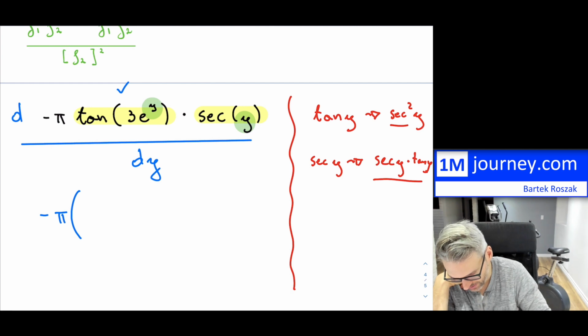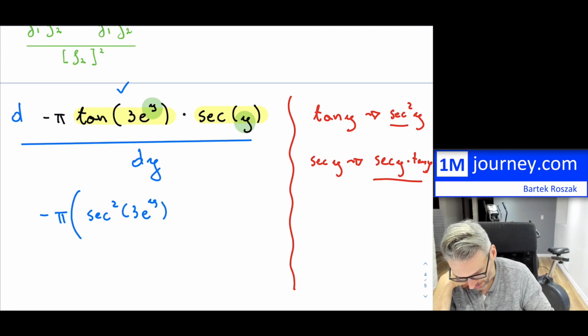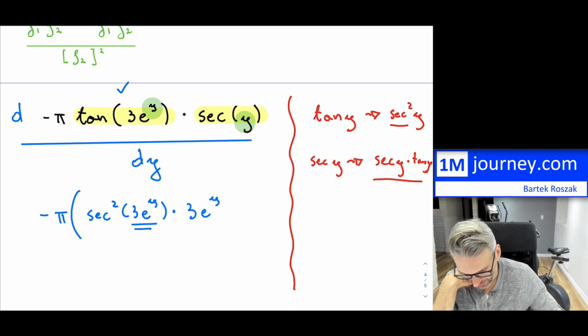So as I said, that's going to be secant squared of 3e to the y. And it will be multiplied by the derivative of that, which is going to be just, I guess, 3 times e^y, because that is the derivative that we have there. Okay, so that's that, and that is multiplied by the secant of y.